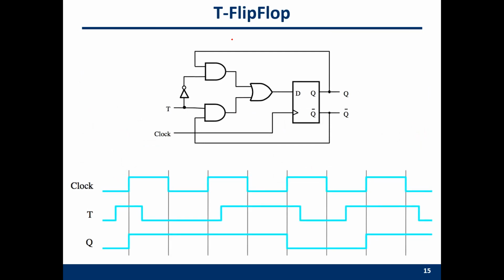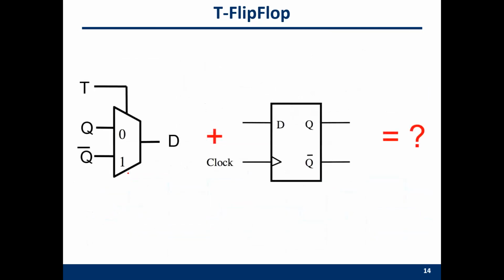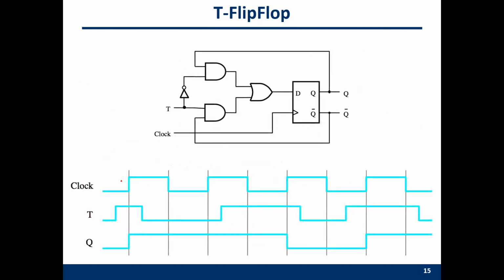So this is the function of the T flip-flop. I will use a waveform to explain that. So you can see that this is also a flip-flop, so it's sensitive to the rising edge.